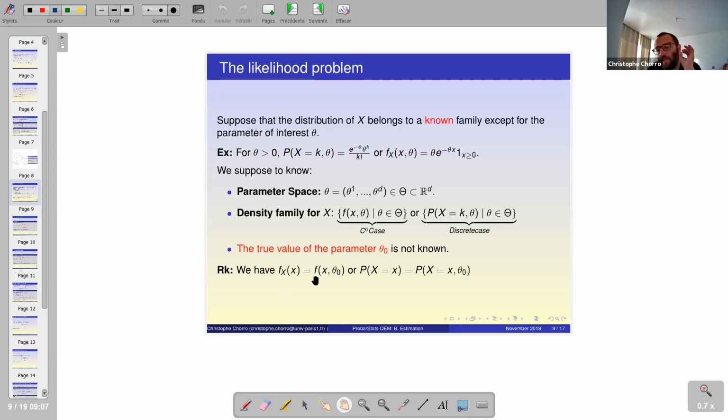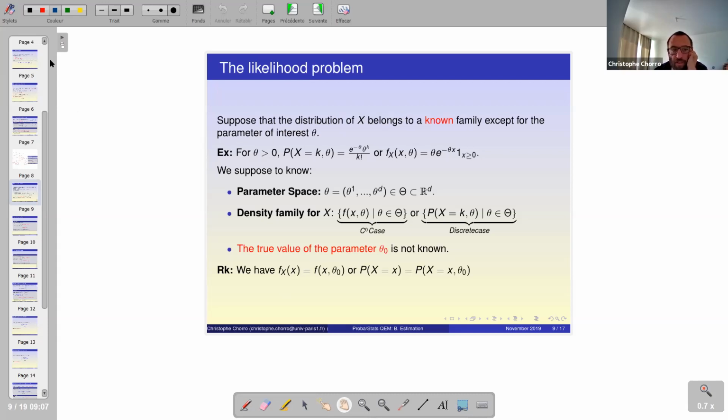The only problem is that I know the family of interest, but I don't know precisely what the distribution of my random variable is. So let's take two examples here, one in the discrete and the other in the continuous case. Suppose that you know that X has a Poisson distribution.